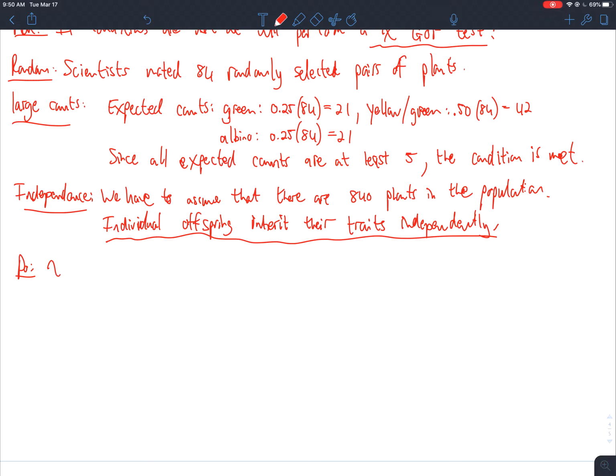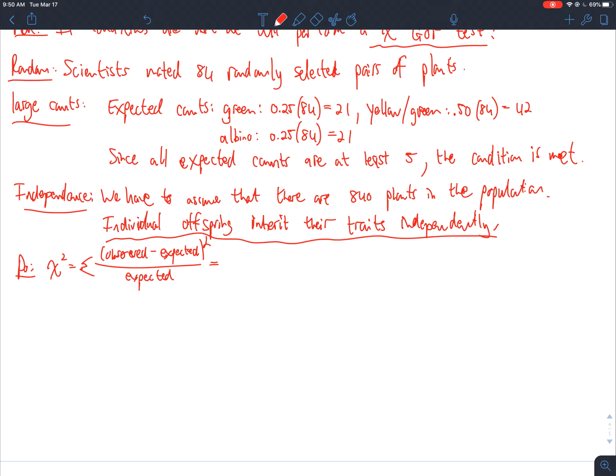The chi-squared statistic is the sum of observed minus expected squared over expected.